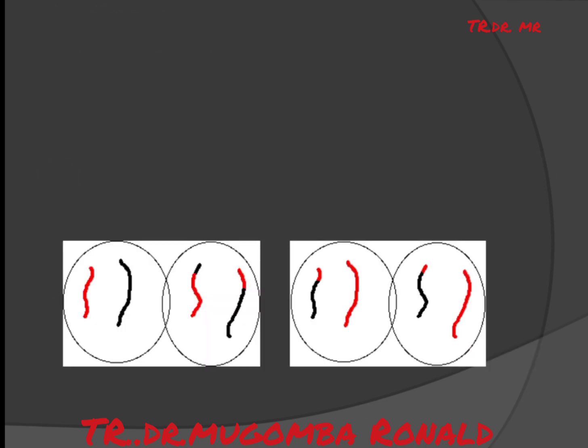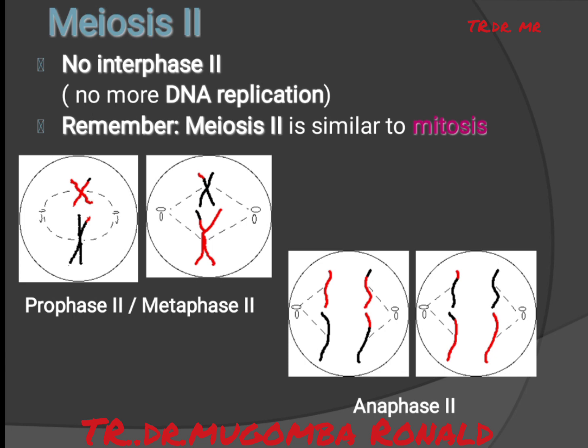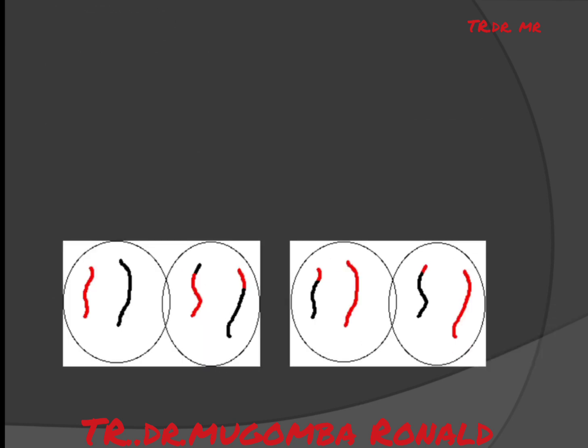Then after metaphase, the sister chromatids are pulled apart from each other. They separate at the centromere. During anaphase 1, we saw them separating from the bivalent at the point known as the chiasmata. Now here it is the centromere that is going to be pulled apart, and then they go to the opposite poles. That is anaphase 2.